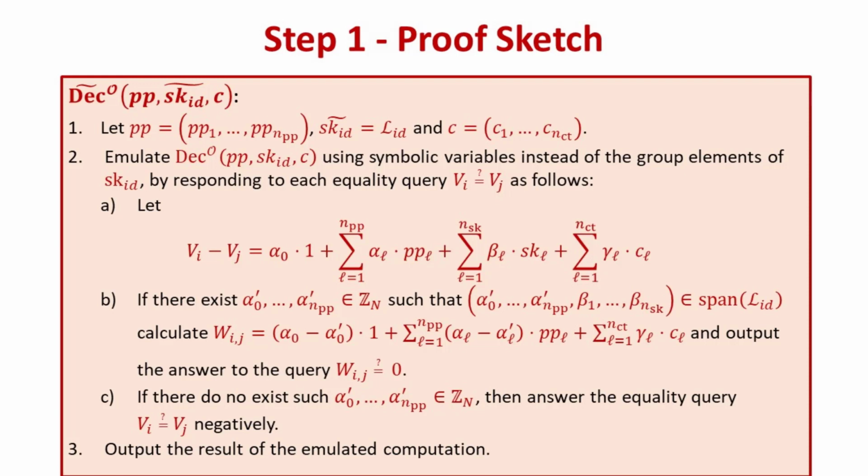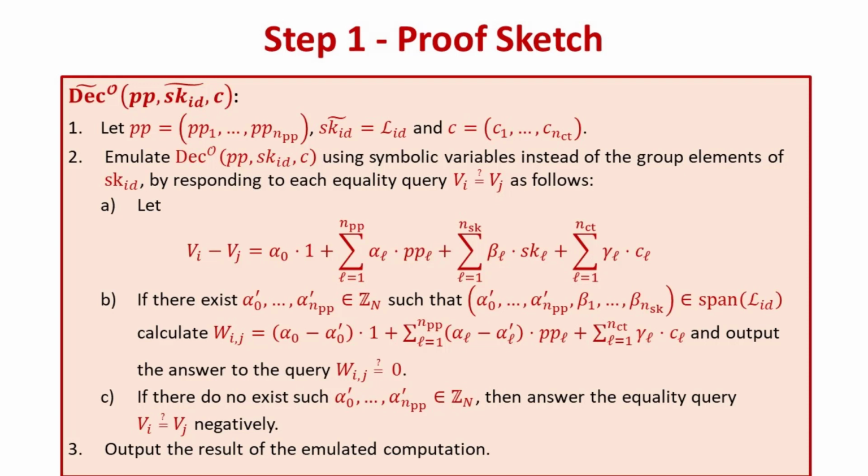If we can do that, then this will enable us to replace this query with an equivalent query which does not include the symbolic variables. That's exactly where the subspace spanned by LID comes into play. If we can find such a replacement, then we query the oracle with the new equivalent query and continue the emulation using its response.